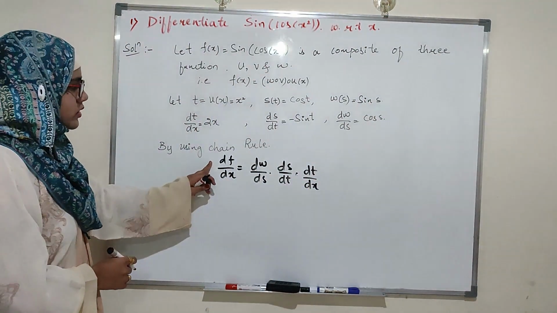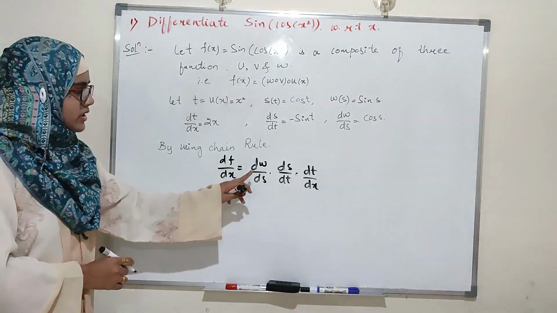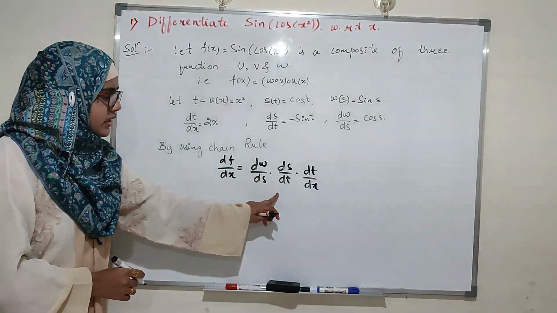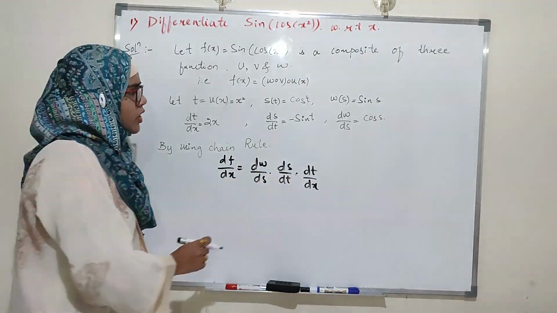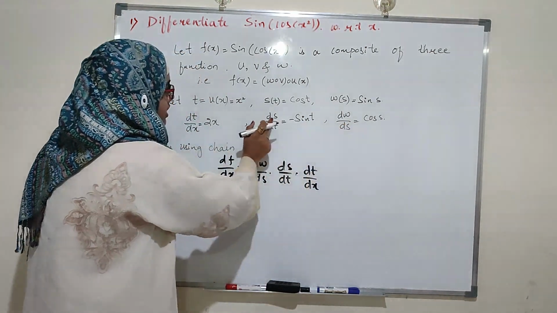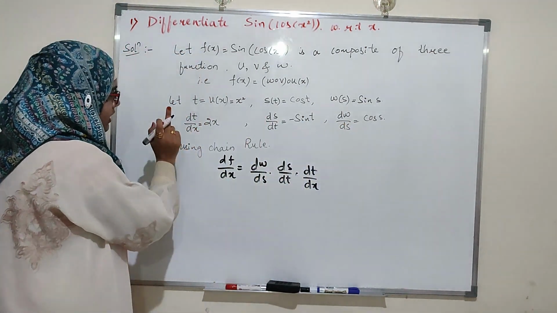Okay, differentiation of f with respect to x is dw by ds, ds by dt, dt by dx. So write down all the values of dw by ds, ds by dt, dt by dx.